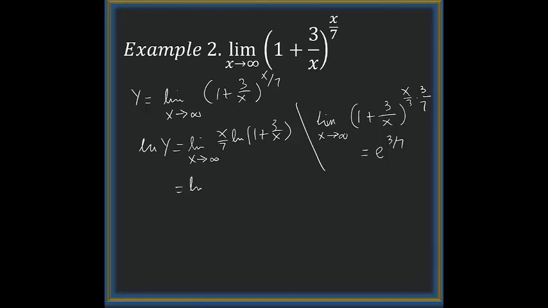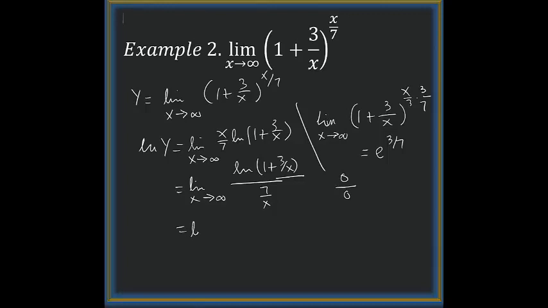So then it goes like limit x to infinity, natural log (1 plus 3 over x), and then in the denominator you can put 7 over x. This is the perfect shape now. When x approaches infinity, this term goes to 0. Natural log of 1 is 0. And then 7 over x also approaches 0. So this is the perfect form for L'Hopital rule.